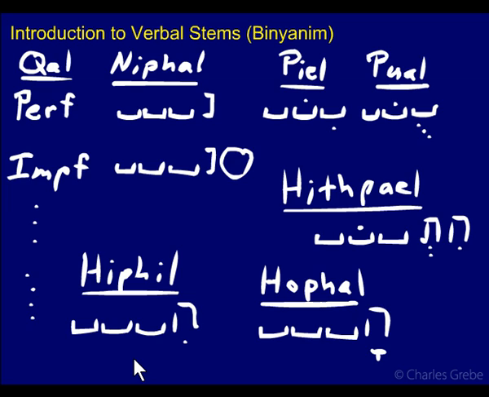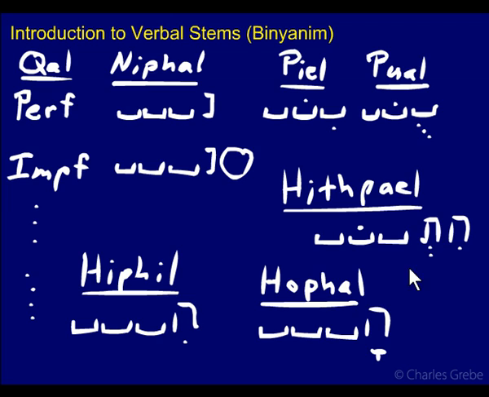And basically this is causative, and then this is the passive of the causative, hofal, because it's the passive of the hifil. Piel is intensive, at least that's one of its uses, and pual would be the passive of the piel. Hitpael is often iterative, or reciprocal, or reflexive, a person doing an action back on themselves.